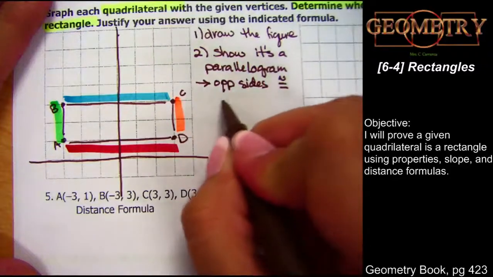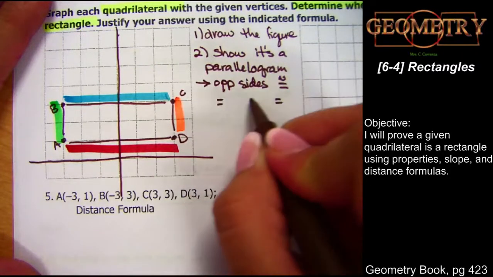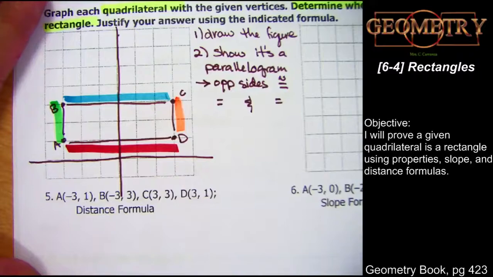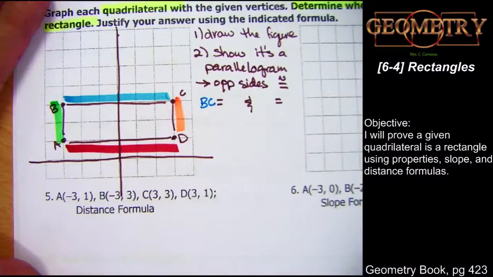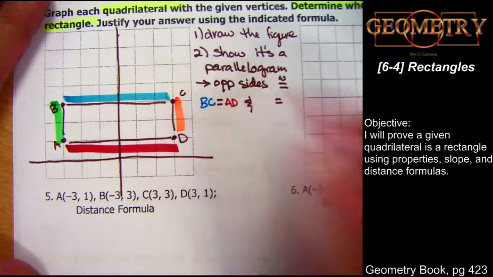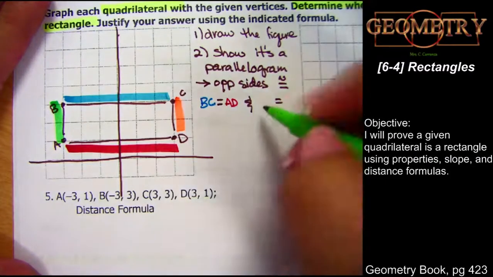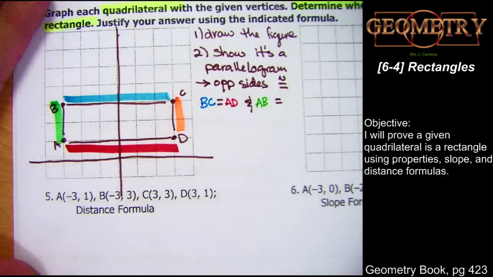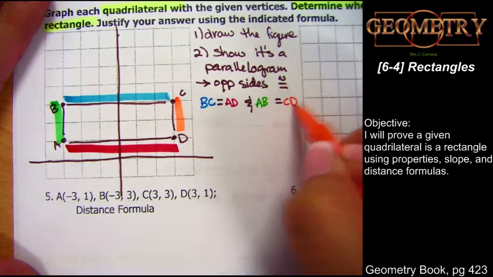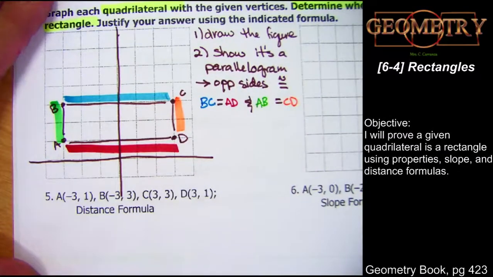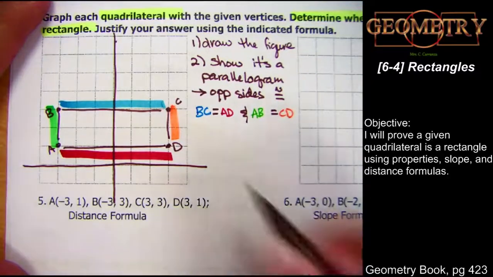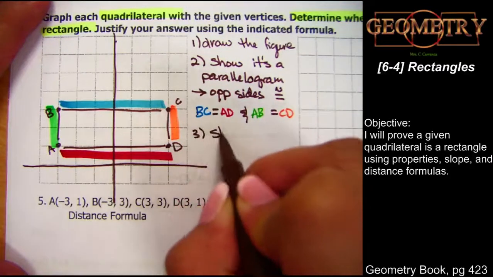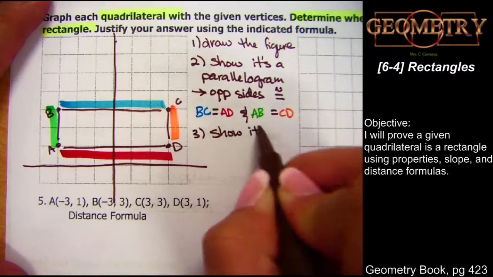That is, you're going to show that BC has the same distance as AD, and AB has the same distance as CD. That gives you a parallelogram.